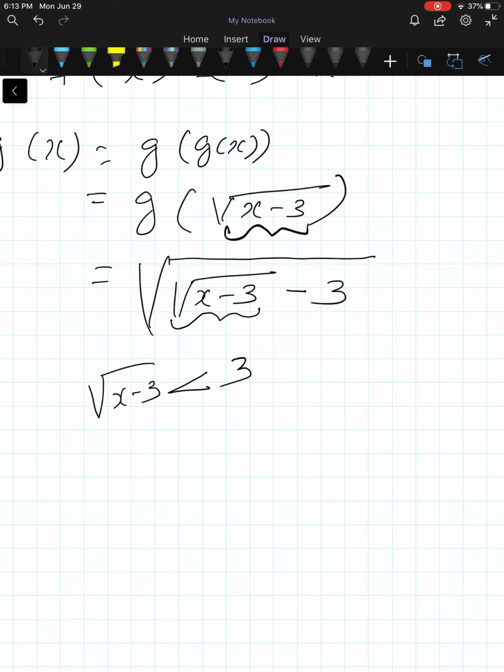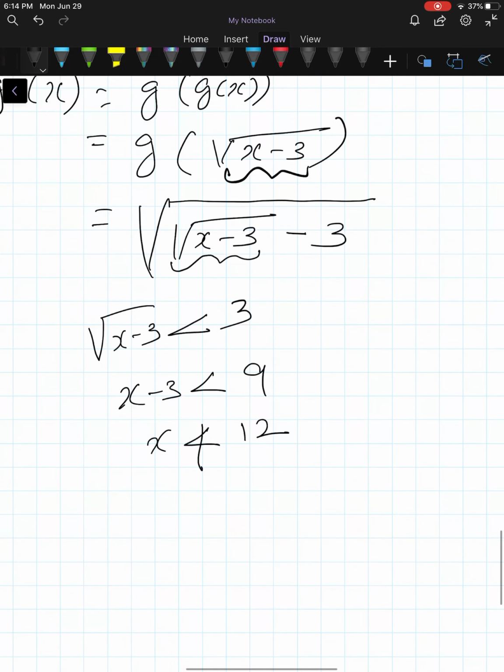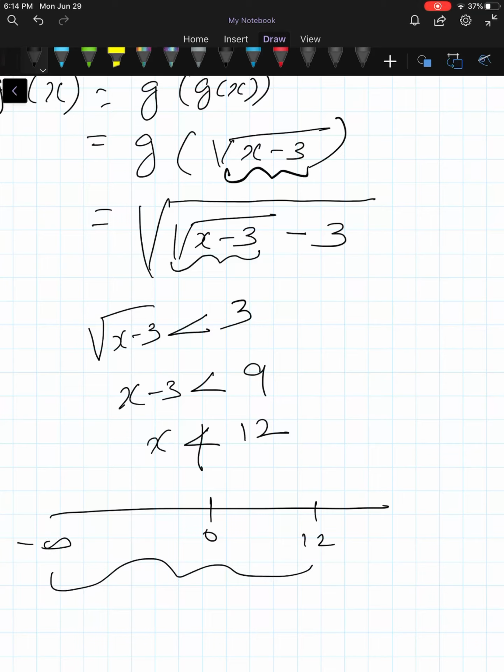Square on both sides, x minus 3 less than 9, correct? X should be less than 9 plus 3, that is 12. So this particular region is ruled out. So in the real line, anything from 12 down to negative infinity, you are totally ruling out.